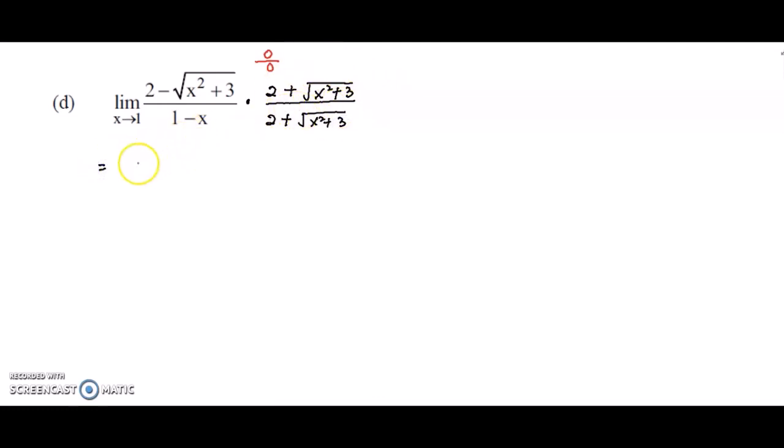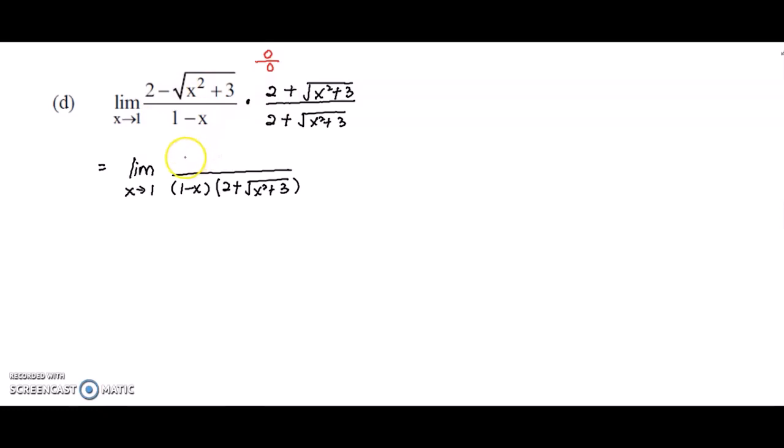Then after that, we just expand the numerator, which is expanding the conjugate. Down here, the denominator, we just copy down and use a bracket to show that they are multiplied with each other. Just like that. Do not need to expand.